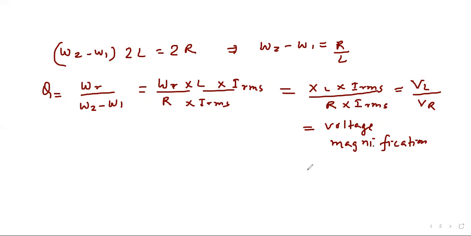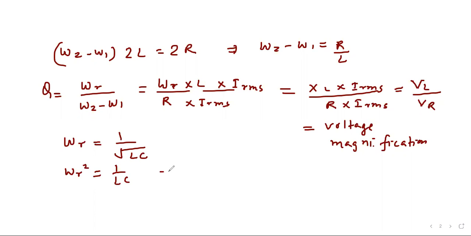Now, we know that angular frequency at resonance is 1 upon root LC. If we square it, omega R square, we will get 1 upon LC.